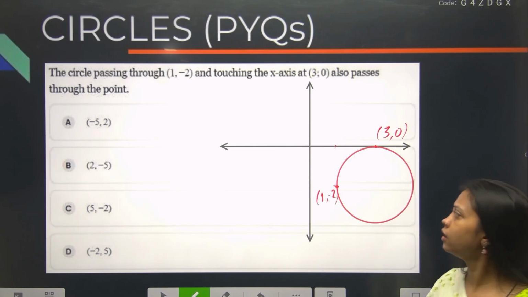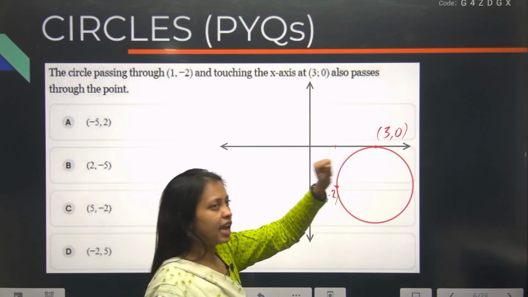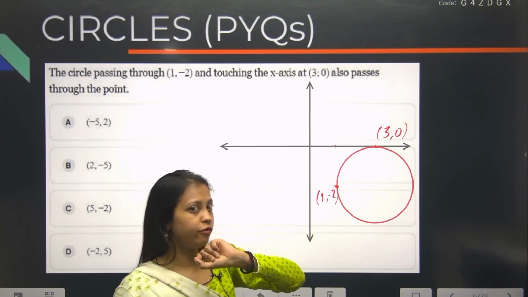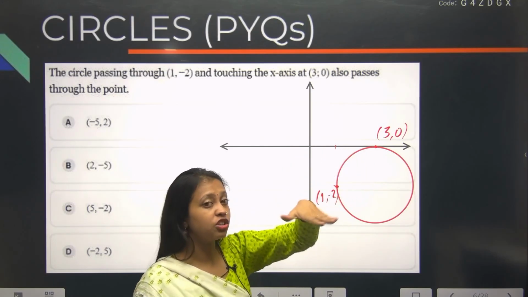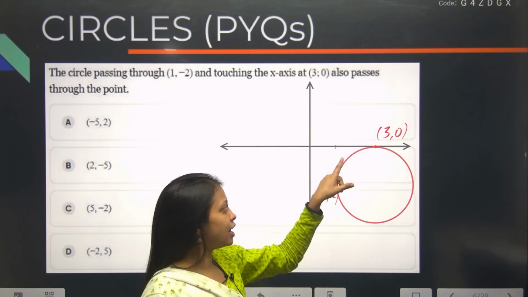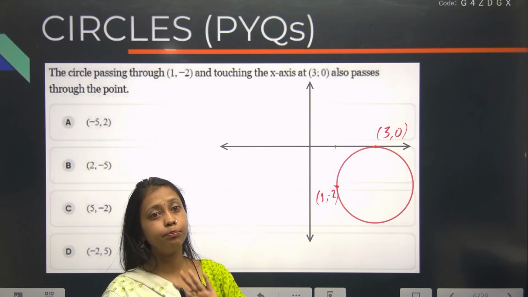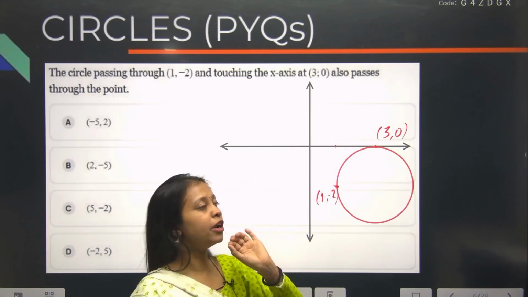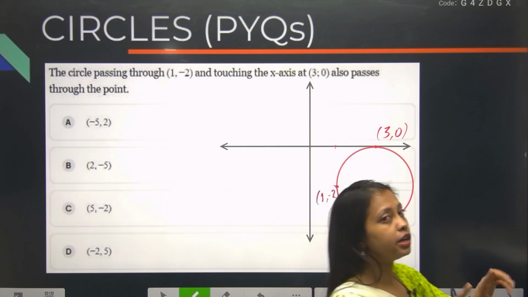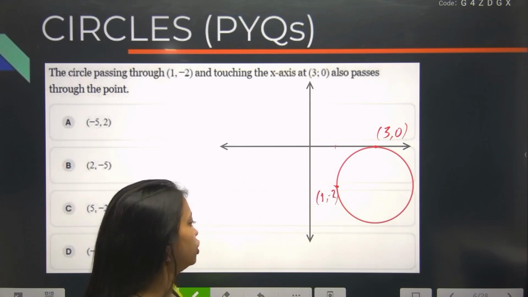So to do that, this touches the x-axis is a very important point. You can deduce one thing from here: if this touches, it means what? It's a tangent. Now if it is a tangent at 3 comma 0, if I make a perpendicular line from this point of contact, that will definitely pass through the center, right?